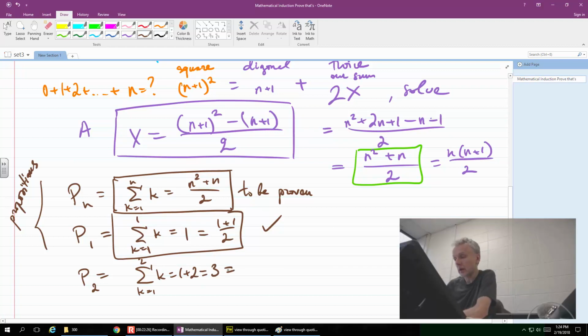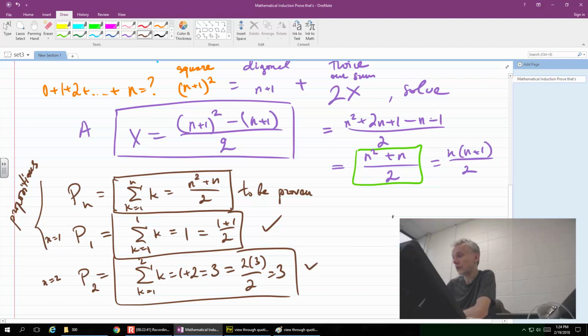Then you go with your formula, now with n equal to 2 instead of 1. So you have 2 times 3 over 2, which is equal to 3. Once again it checks out. So we can see that at least in the beginning of the sequence of propositions, the first ones are correct.